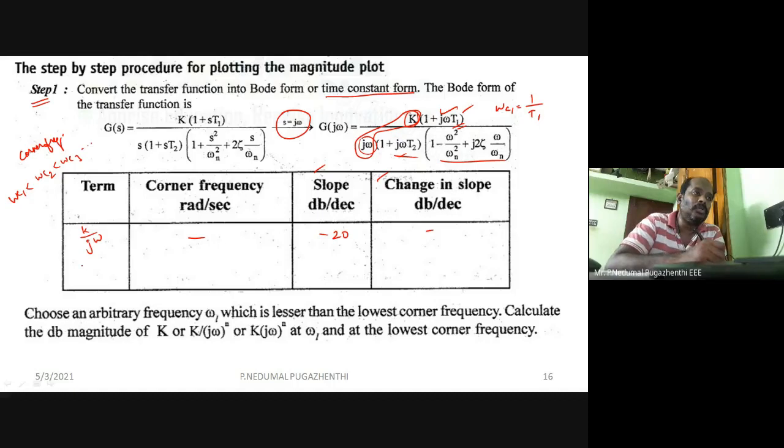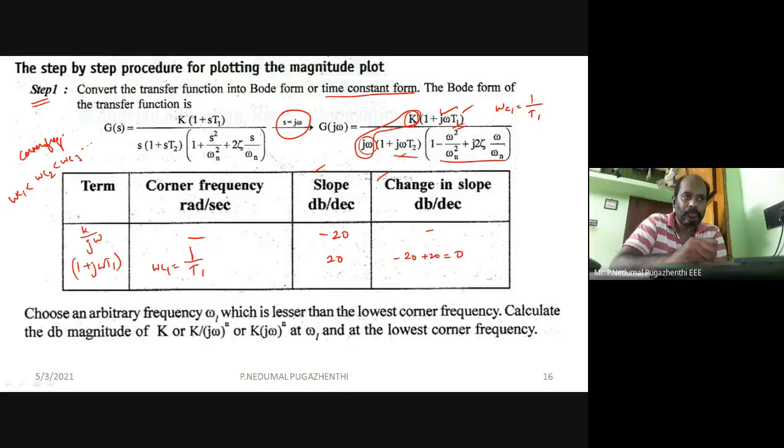For the second term, 1 plus j omega T1, in the numerator, the corner frequency omega c1 is 1 by T1. Since the order of omega is 1, the slope is 20 decibels per decade. So the change in slope is minus 20 plus 20, which is equal to 0.